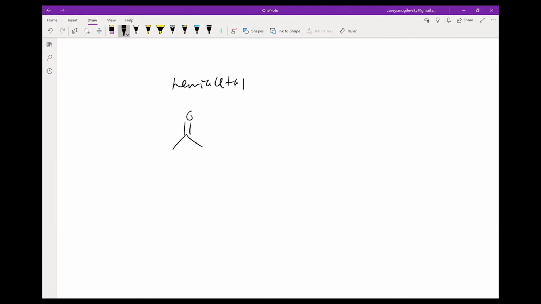Not a great nucleophile. Certainly nucleophilic-ish, but it won't do this reaction at appreciable speed unless we help it along with either acid or base. It turns out that the reaction to form hemiacetals can be both acid and base catalyzed. So let's do the base example first.